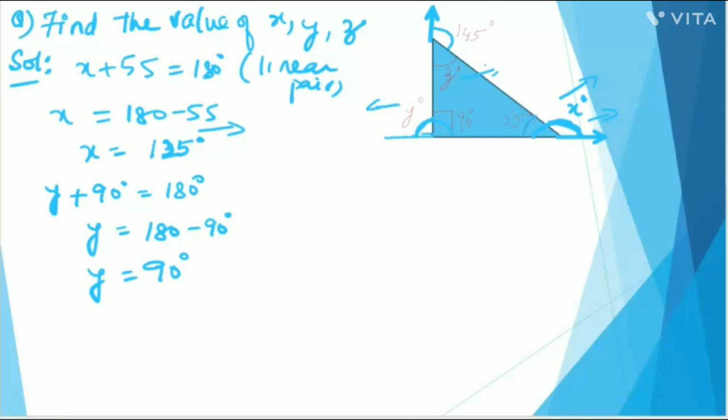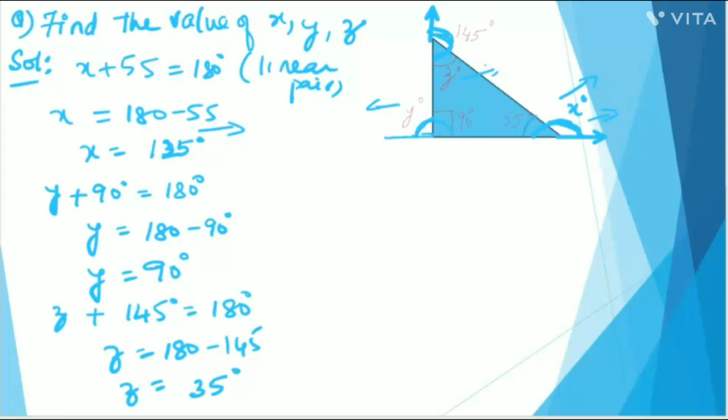This z, I can use as a linear pair, because from here to here this is a linear pair. z plus 145 is equal to 180. z is equal to 180 minus 145, which is 35.